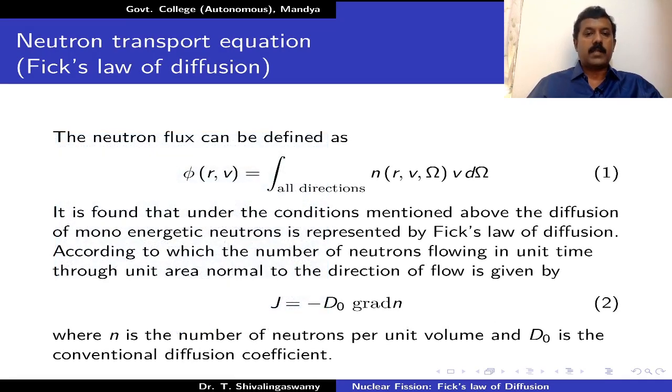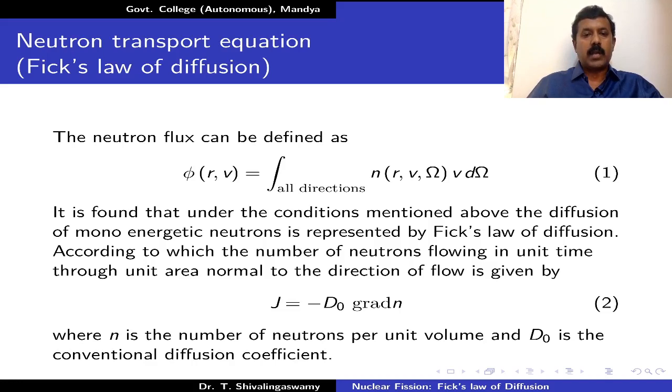The neutron flux depends on these quantities: the number of neutrons that are scattered from the volume elements, the velocity of these neutrons, and this d omega. d omega is the solid angle through which these neutrons get scattered.